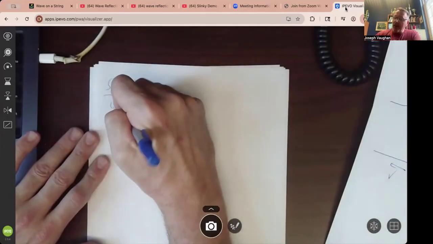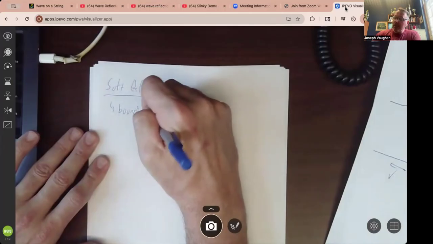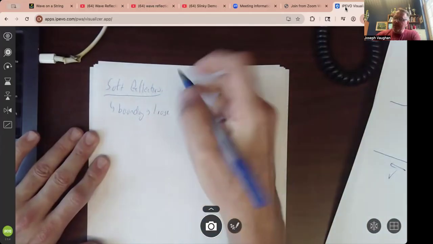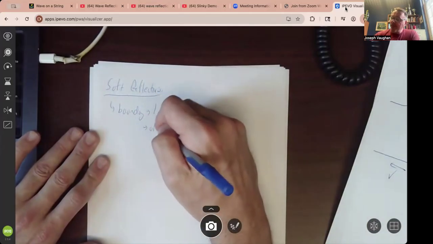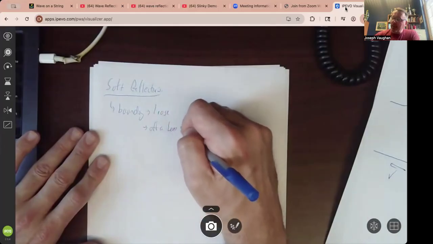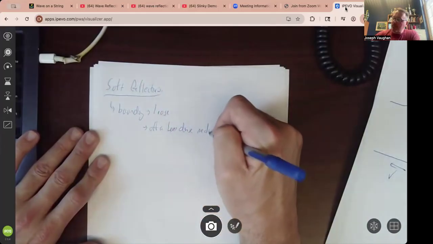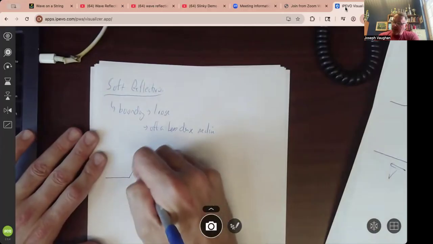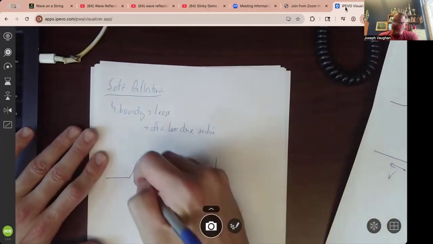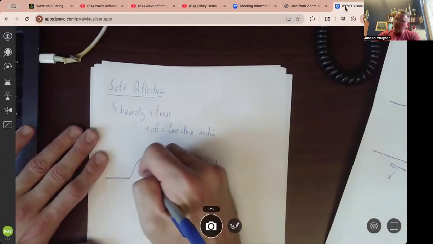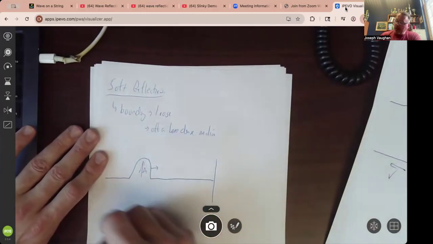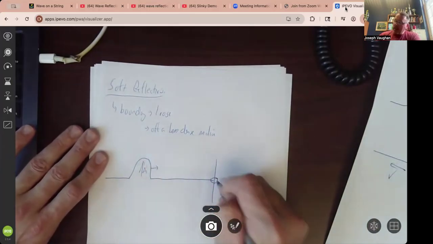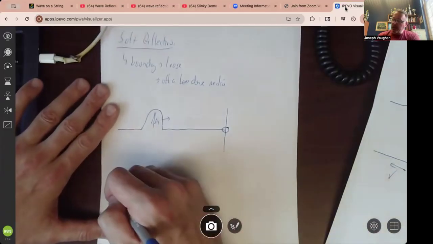Okay. And here the boundary is loose or not fixed, right? Or off a less dense medium. And if I had my pulse, same pulse here, A1 or A initial going down, like in the simulation.